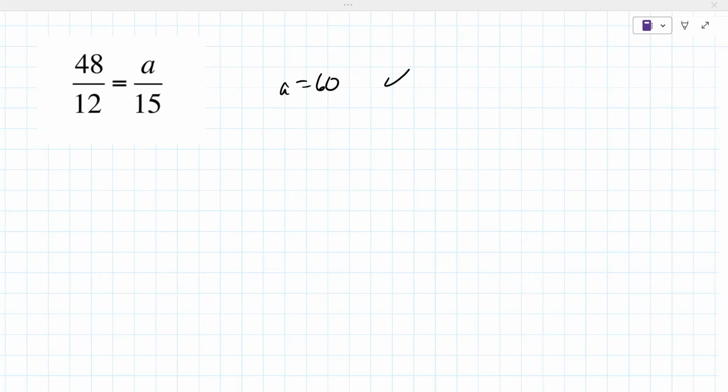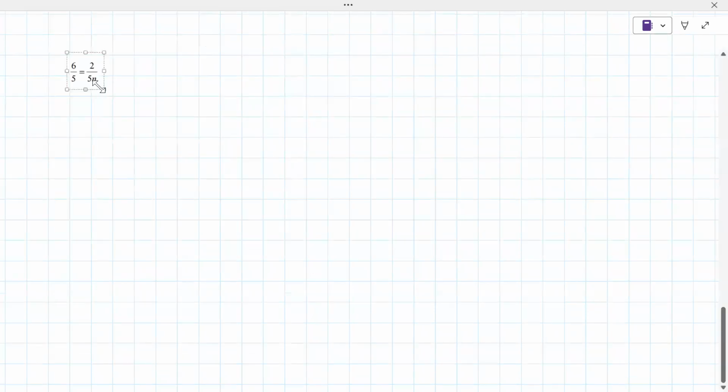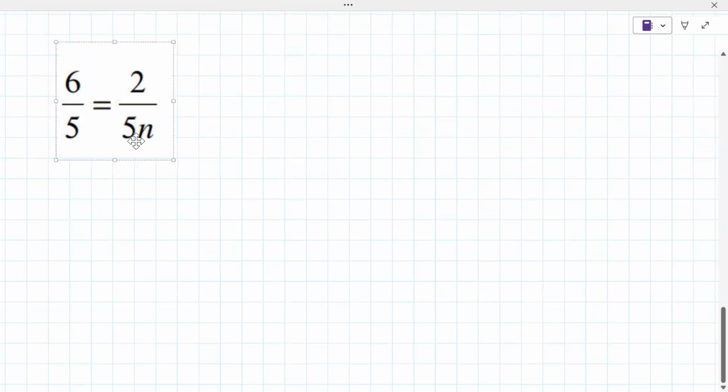All right. So now to get a tiny bit more difficult, there are some other things you can have here. One is you can have more than just a variable, like a number times the variable.